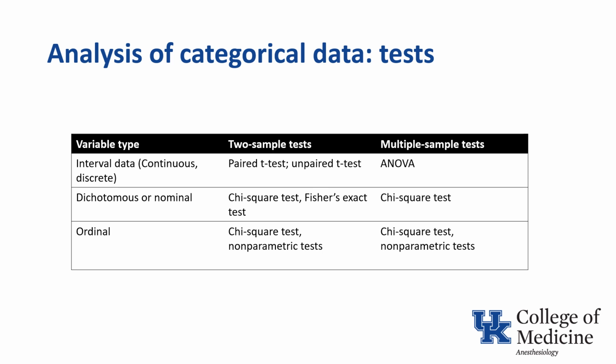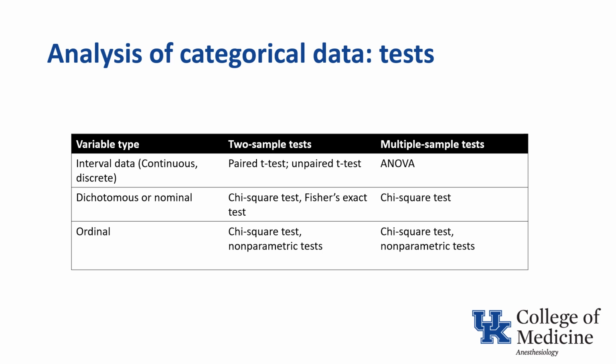In this table, you will see a list of some of the tests that you can use depending on the nature of the data. So this is kind of like a summary slide. As we discussed, interval data, which can be continuous or discrete, oftentimes follow a normal shaped distribution in the population, and hence you can use parametric tests such as paired t-test, unpaired t-test, or analysis of variance.